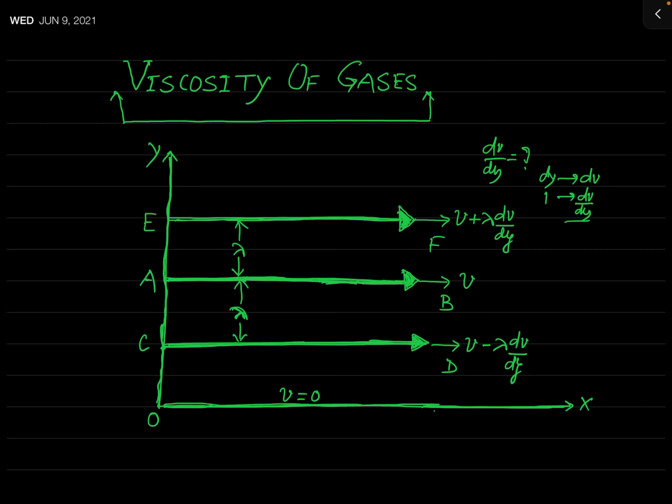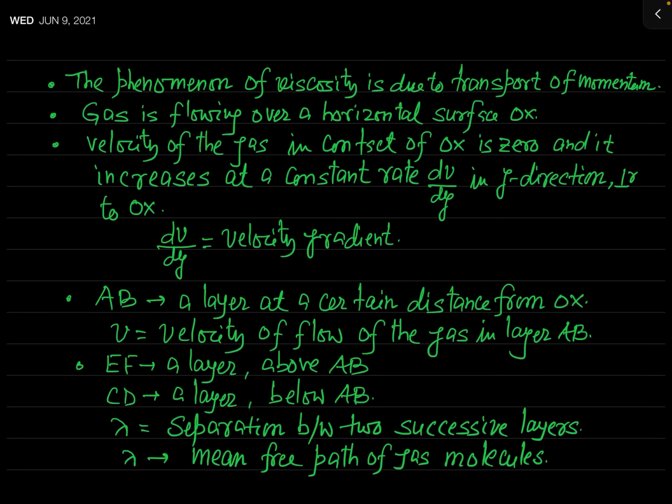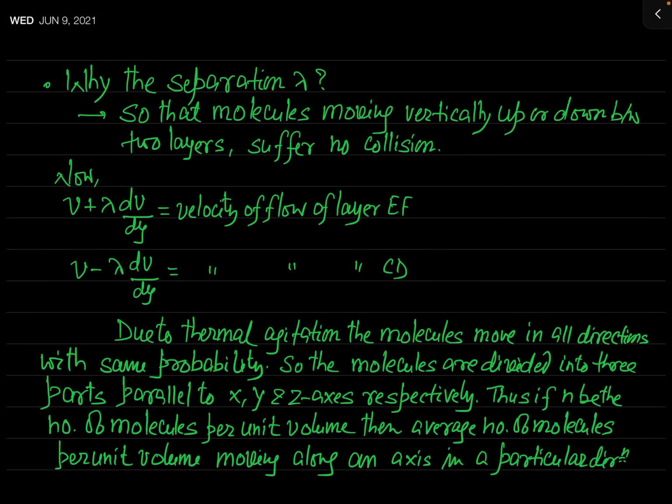But how? Let us see. We can understand how this velocity of different layers is possible. I have mentioned all these things here for your convenience. This dv by dy is the increase in velocity if you move in the upward direction.